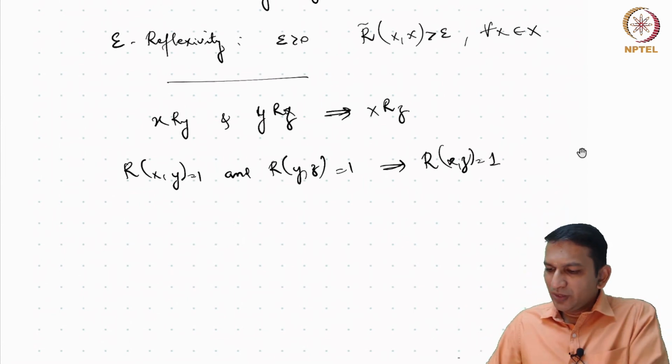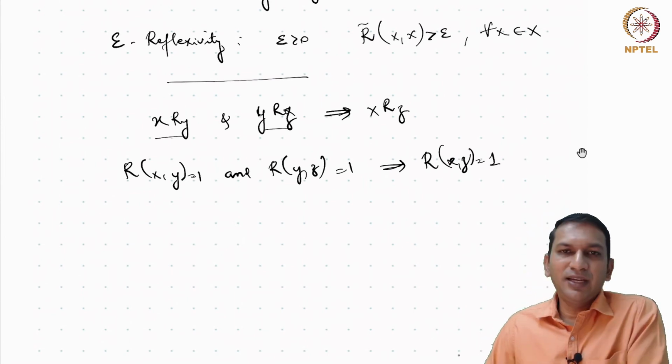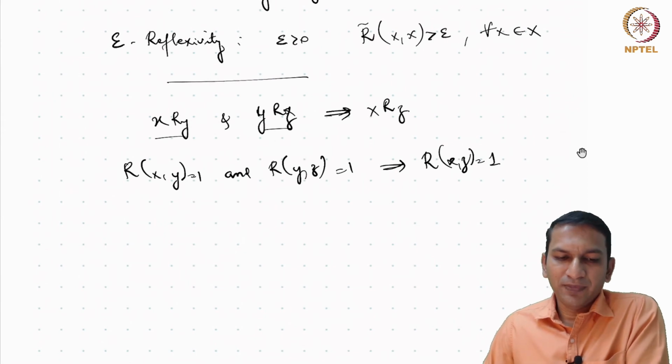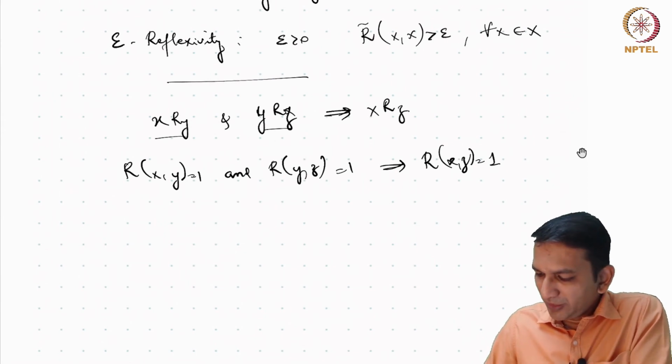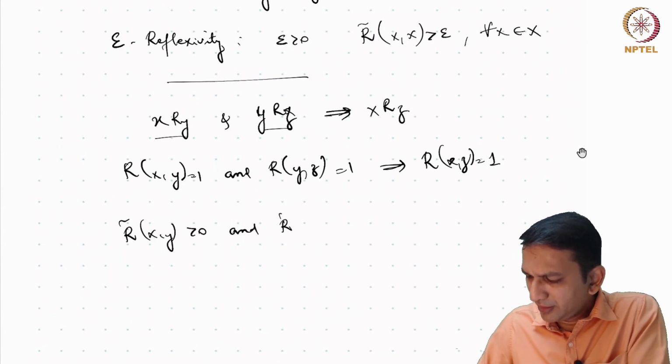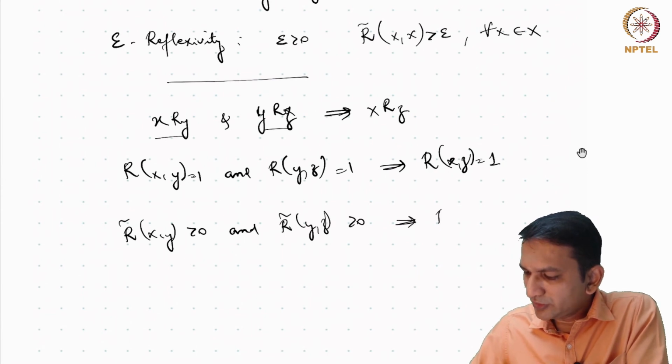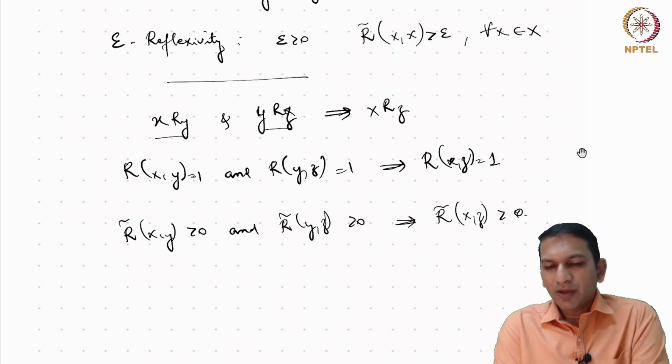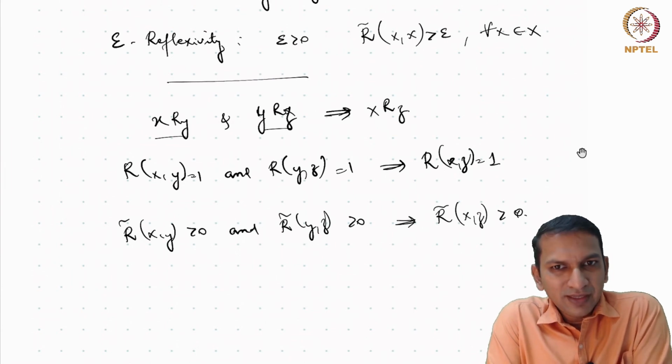But here we are only saying that x is related to y and y is related to z. In the fuzzy case, this would mean r tilde of xy is greater than 0 and r tilde of yz is greater than 0. Now what we need to show is that this should imply that r tilde of xz is greater than 0.